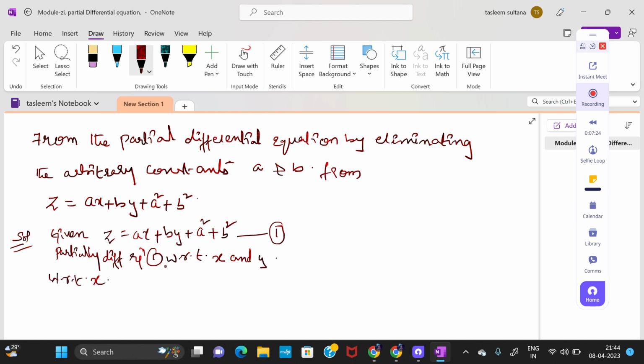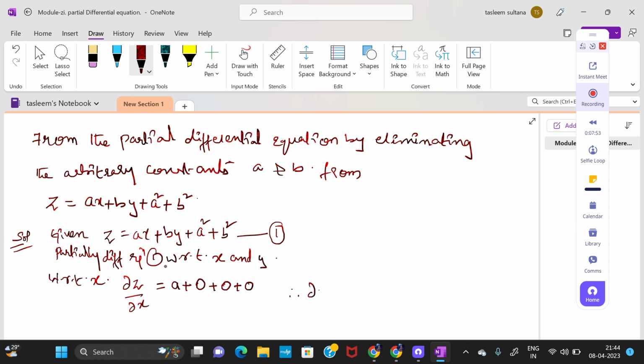With respect to x, dou z by dou x is equal to, from the first term, a, where the differentiation of x is 1. Then there is no x term in the second, so it's 0. Then a square plus b square are constants, so their derivative is 0.